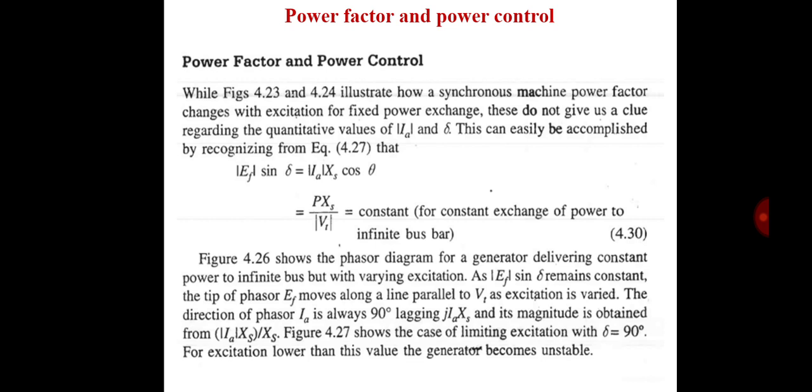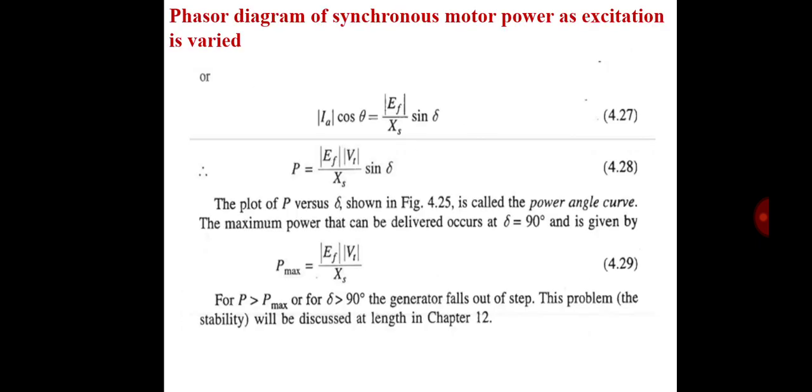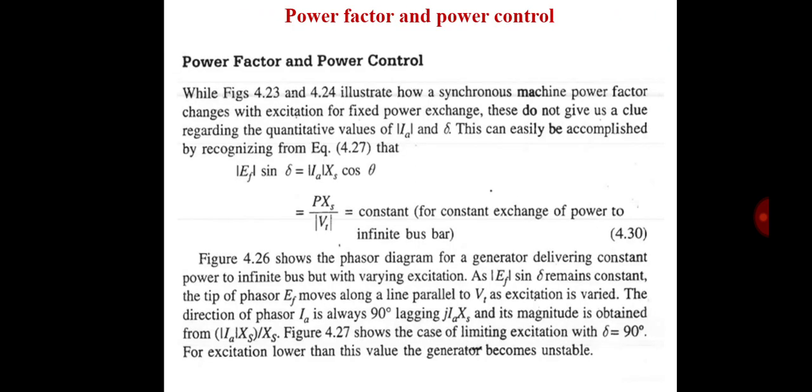This can easily be accomplished by recognizing from the equation that IA cos theta is equal to EF by XS into sine delta. That is, EF sine delta is equal to IA XS cos theta.